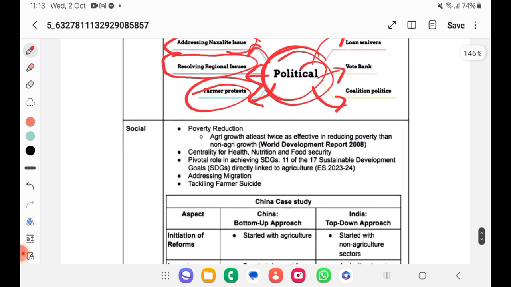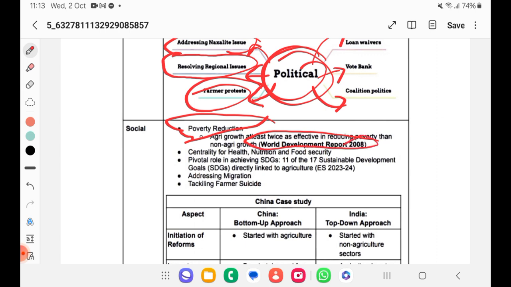So socially we know about poverty. We understood that agri growth will reduce poverty, or it will give more employment compared to non-agri growth, according to the World Development Report 2008.